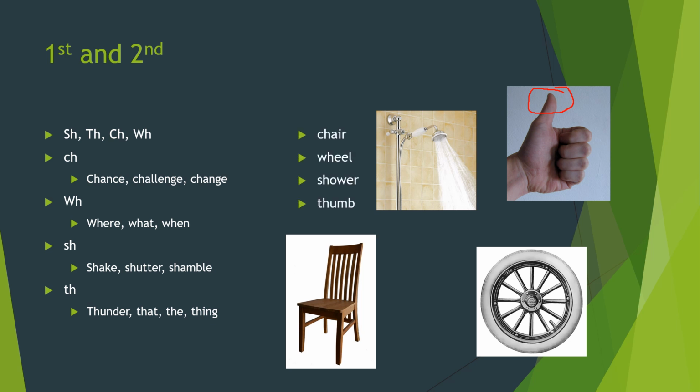So we've got chair right here, wheel right there, so it's WH, chair, CH, shower, SH, thumb, TH, right here. Okay, so those are our letter combinations.